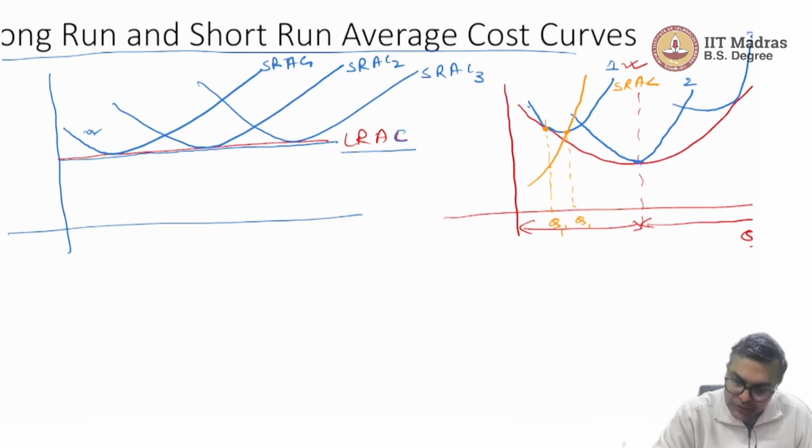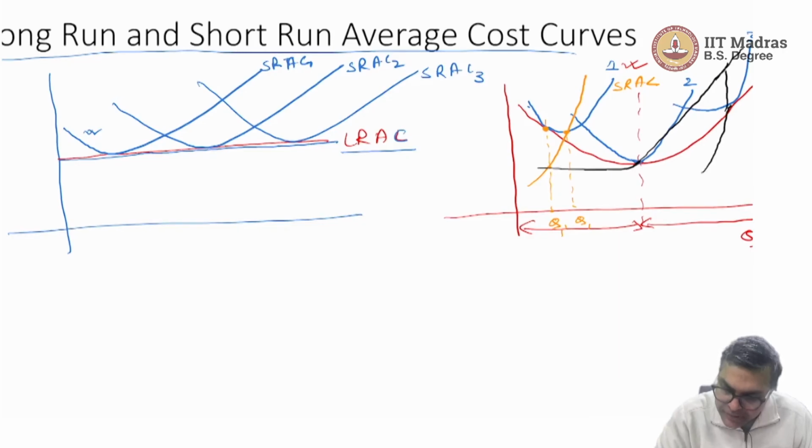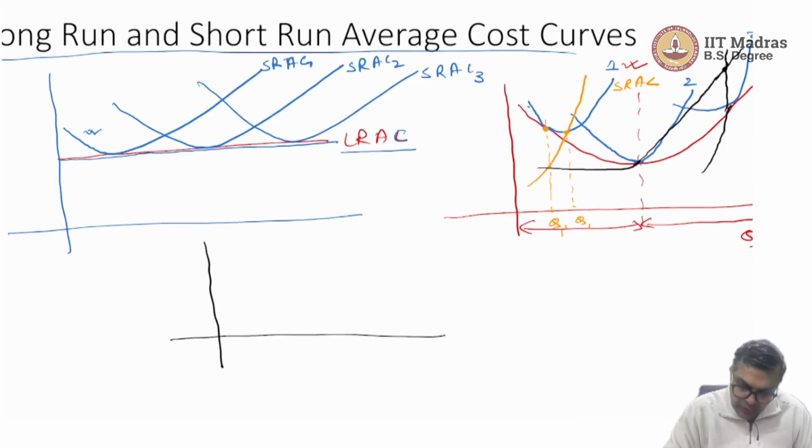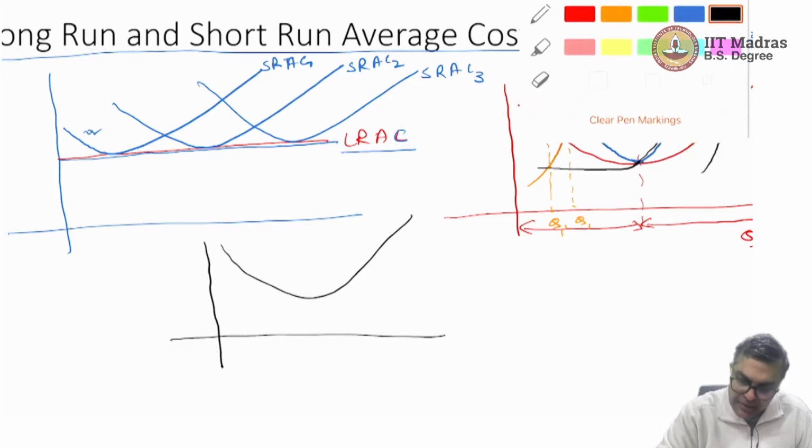This is the way it looks. So, if we do it for the long run, the marginal cost curve would be something like this. Let us say that marginal cost in this particular case is going like this. So, that is the way the marginal cost curve would look. One can ask how the long run would look if there are only three levels of capital possible.